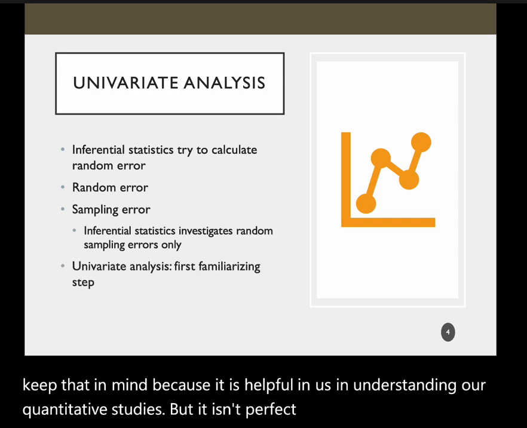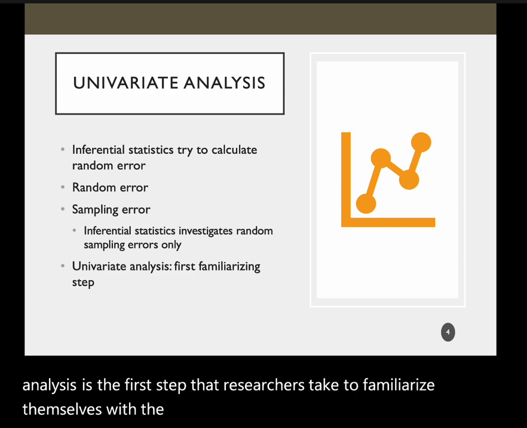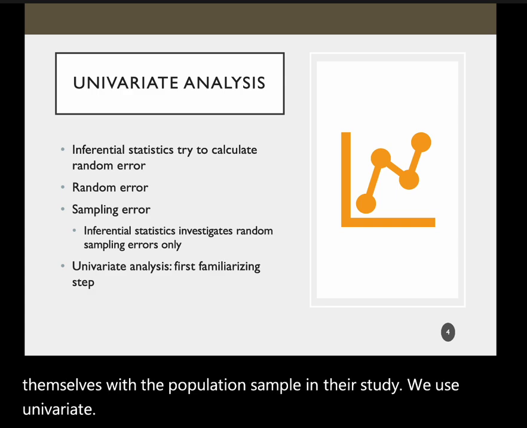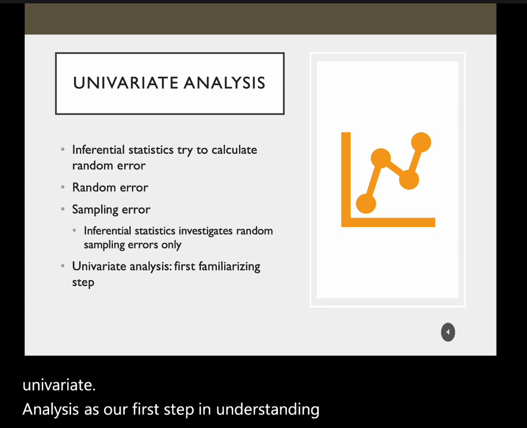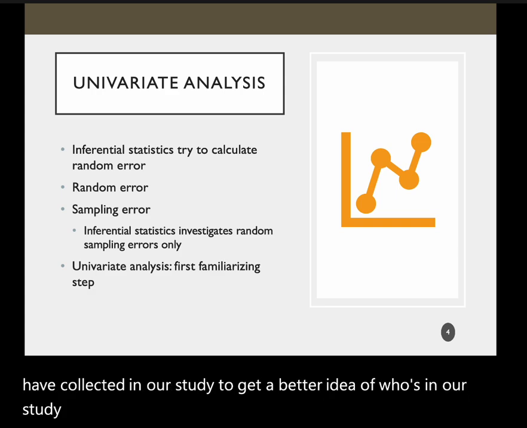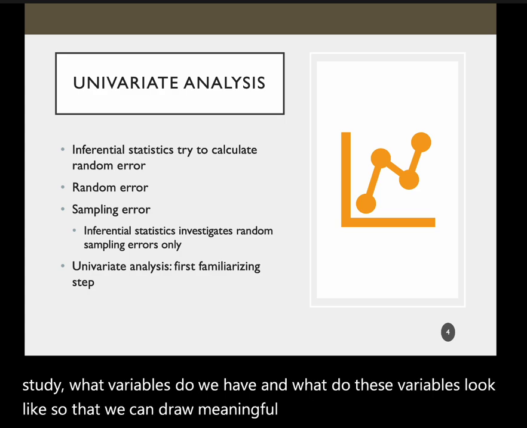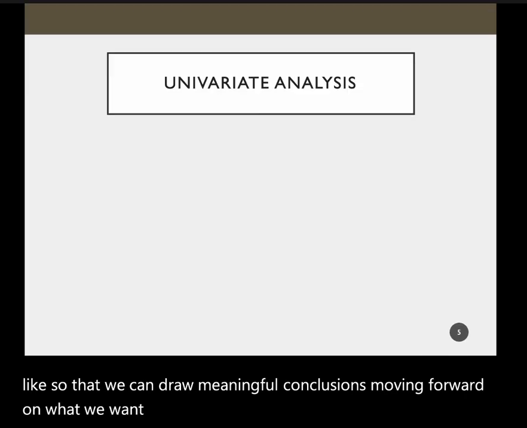And overall, univariate analysis is the first step that researchers take to familiarize themselves with the population sample in their study. We use univariate analysis as our first step in understanding all of the data that we have collected in our study, to get a better idea of who's in our study, what variables we have, and what these variables look like, so that we can draw meaningful conclusions moving forward on what we want to do next.